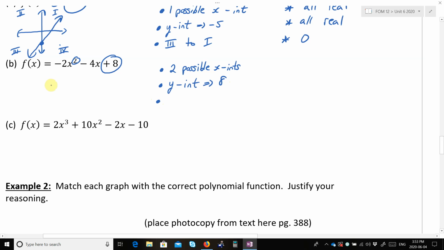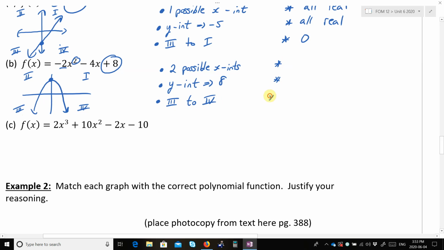And the end behavior, we need a graph for that. Y-intercept is up at 8. We've got a negative quadratic, so a negative facing parabola like that. Okay, so the end behavior goes from 3 to 4.